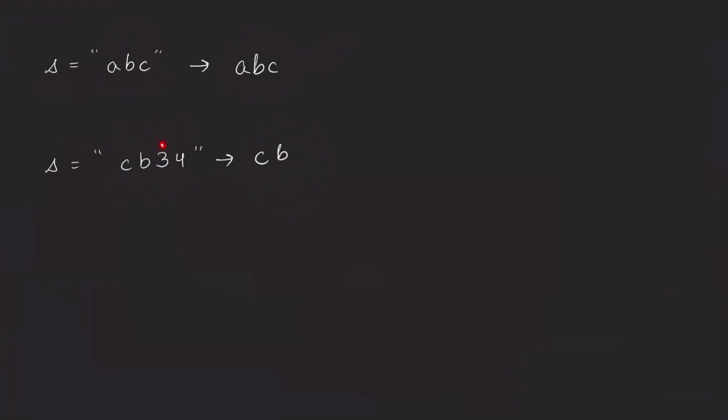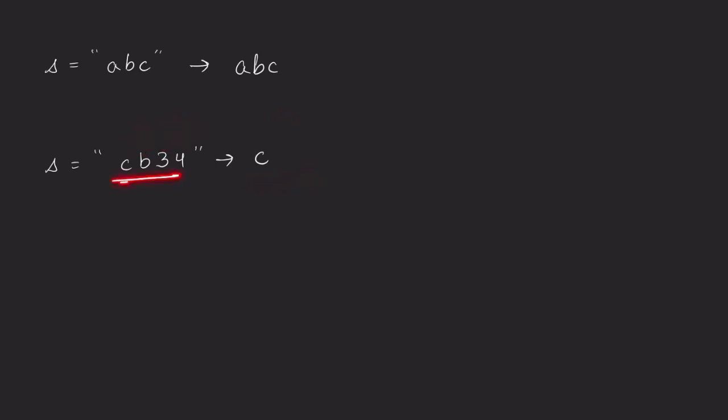Closest to 3 will be B, which is present here, the last character. So whenever we encounter a digit, we will simply remove the last character from the remaining string. Now we have removed 3, and along with it the closest non-digit character towards its left. Then next is 4.